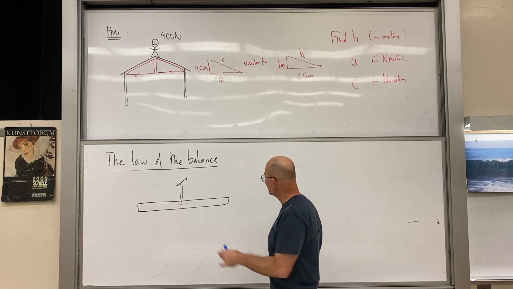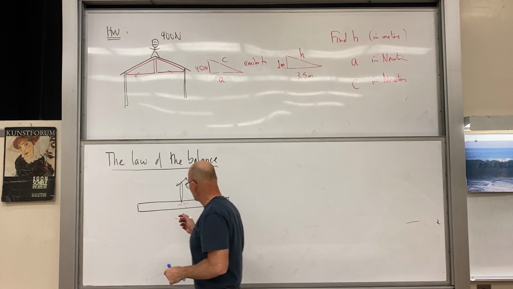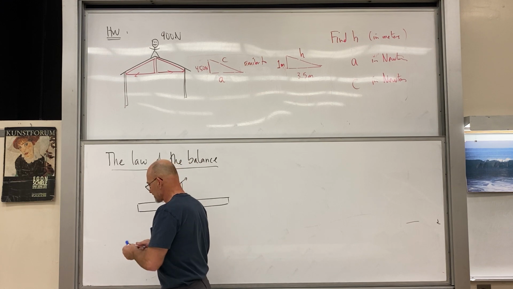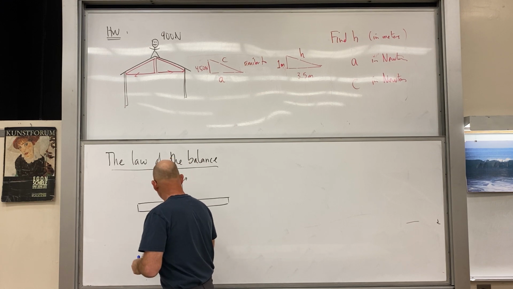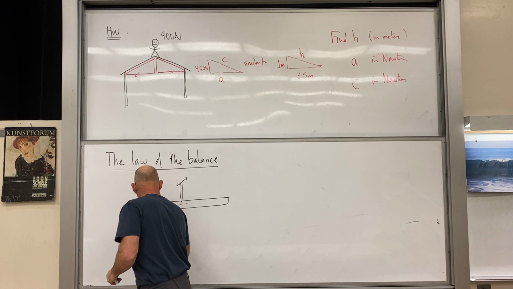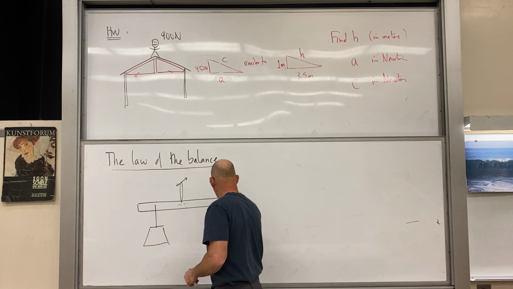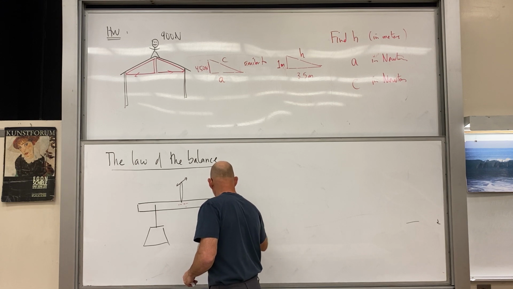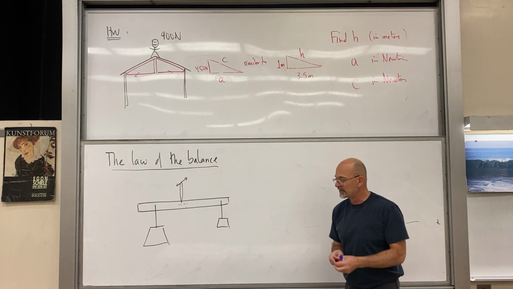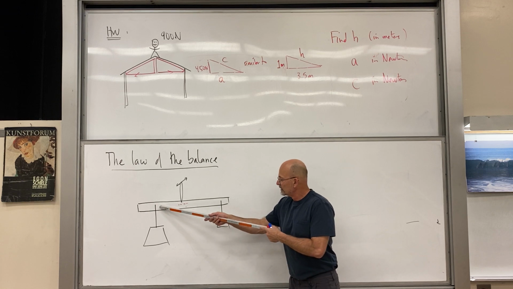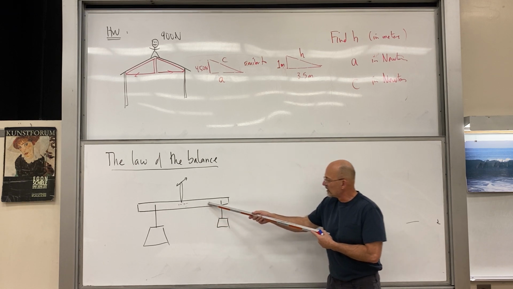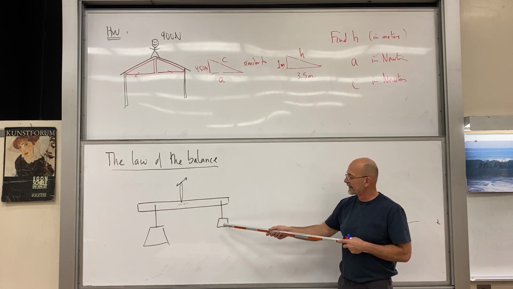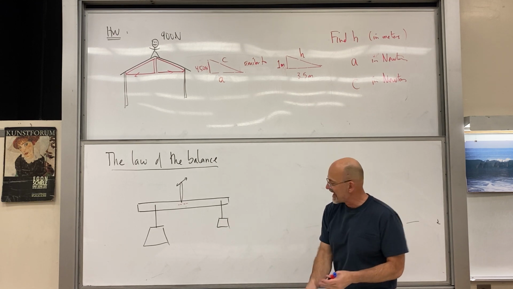Be that as it may, there's our balance, and just like a teeter-totter, what we're going to do is hang a weight on one side, and we'll hang a weight on the other side, at a shorter and a larger distance. And the law of the balance is as follows.